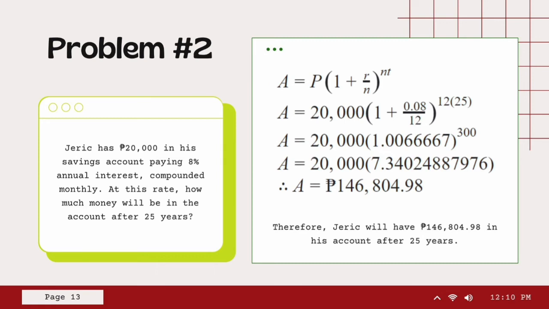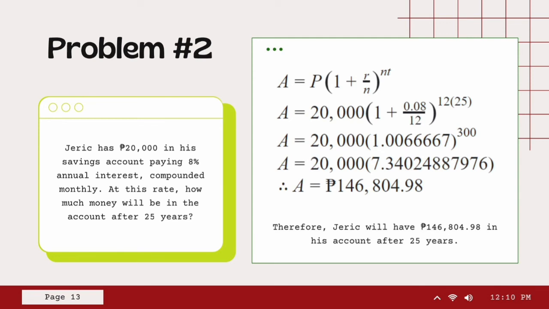We will use the same formula, steps, and values, except for time, which is now 25 years. A is equal to P times quantity 1 plus R over N to the power of NT. First, we substitute the values. It becomes A equals 20,000 times quantity 1 plus 0.08 over 12 to the power of 12 times 25.